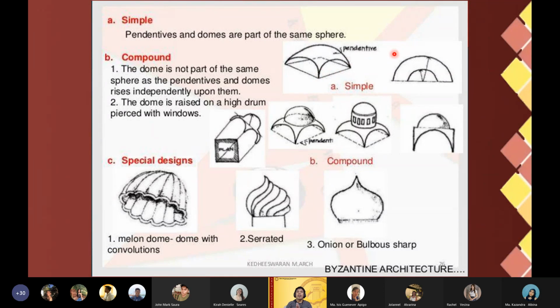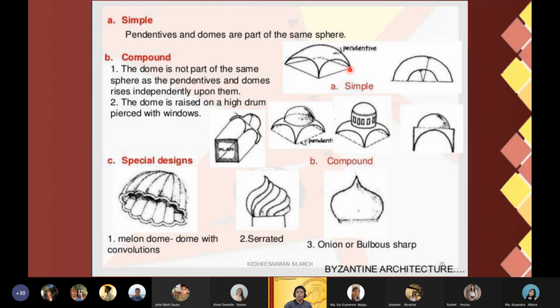The simple dome could be a dome itself, from a circle. If you visualize an orange fruit and cut it in half, that's a domical figure. When you cut it, a circle is created. In Byzantine architecture, they created this square plan for their base.